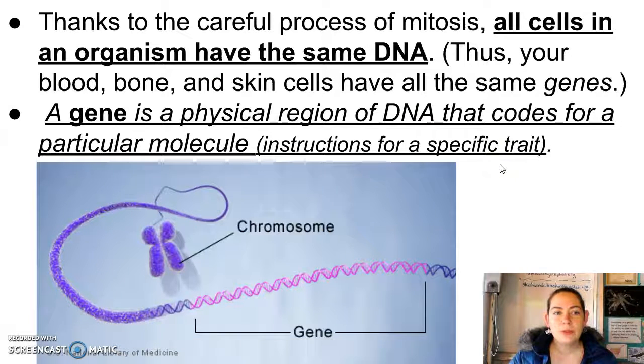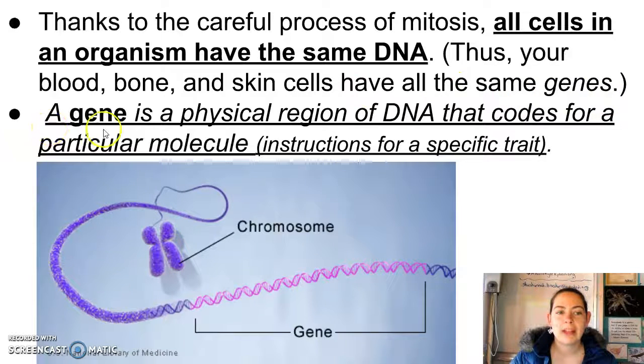So quick review of some vocabulary. And thanks to mitosis, all the cells in an organism have the same DNA. So if you were thinking, well, maybe those different types of cells have different DNA, no, they don't. They're all the same. Your blood cells, your bone cells, and your skin cells all have the same DNA. In other words, they all have the same genes.